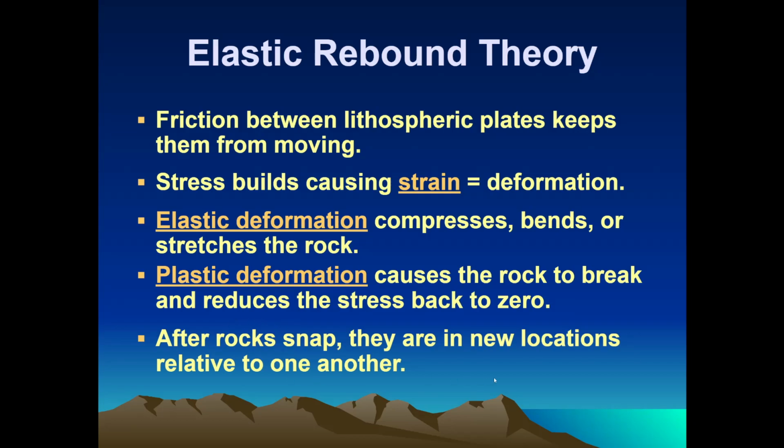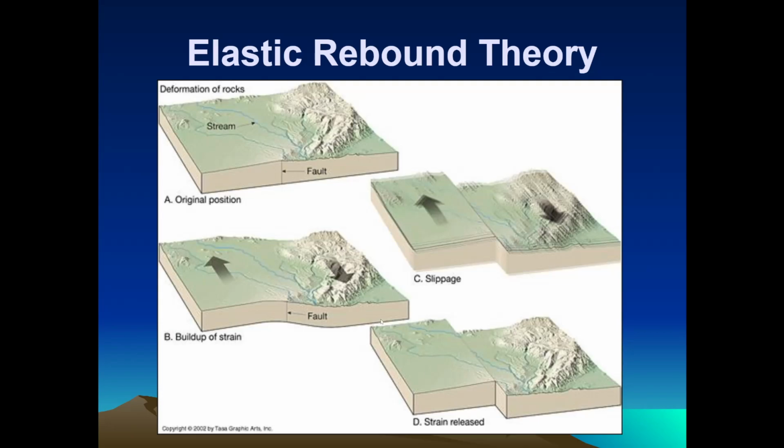As after rocks snap, they're in new locations relative to one another. And what that's saying is this right here, where we have an elastic rebound. Basically, imagine this being on a transform boundary, or what we would call a strike slip fault. And then there's some kind of buildup of energy in here, that energy per unit volume, a buildup of stress.